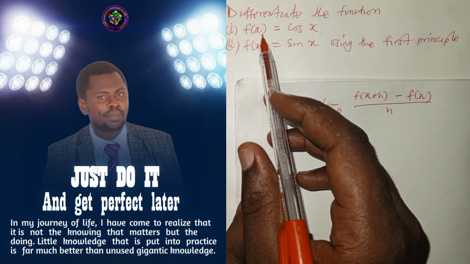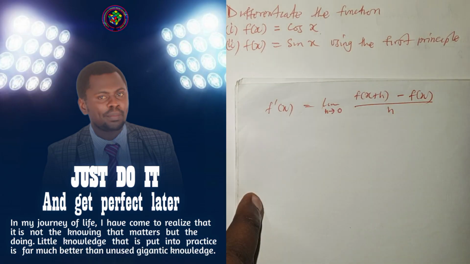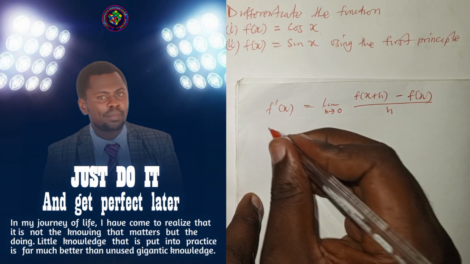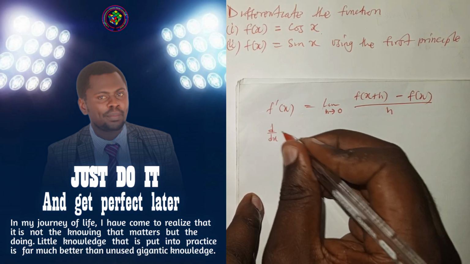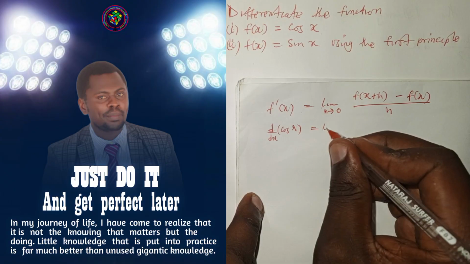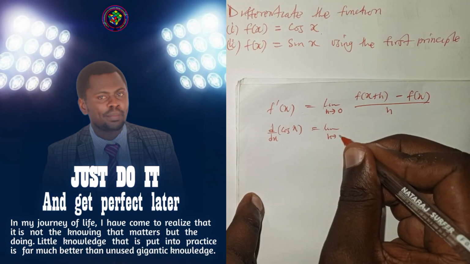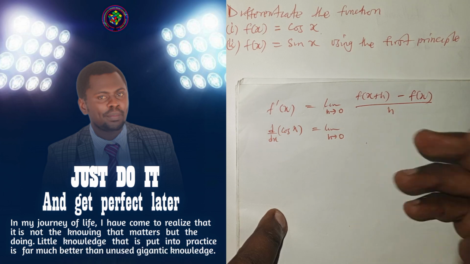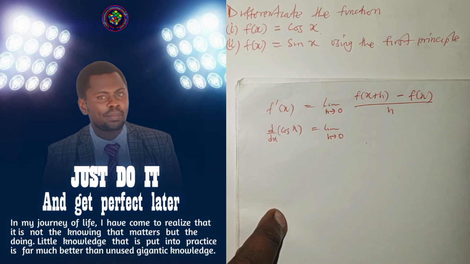Now we have f of x is equal to cos x. So where there is f of x, you will just put cos x. Okay, so this is a derivative. So we'll say d/dx of cos x is equal to the limit as h approaches 0 of f of x plus h, where there is x we put x plus h.